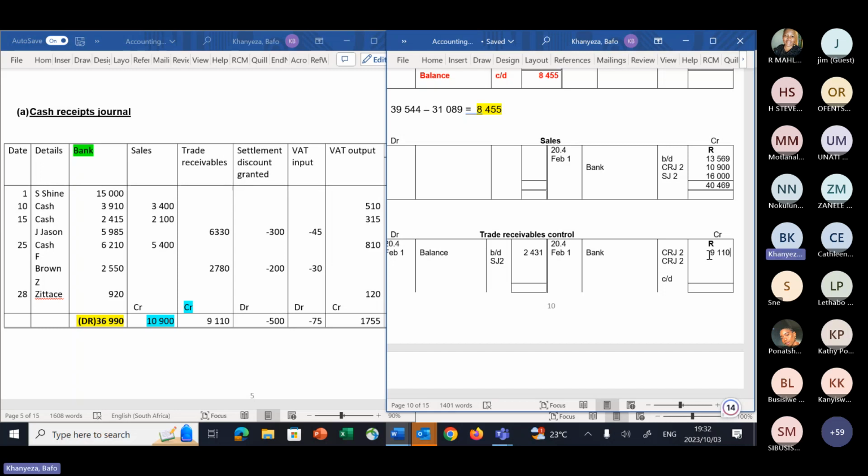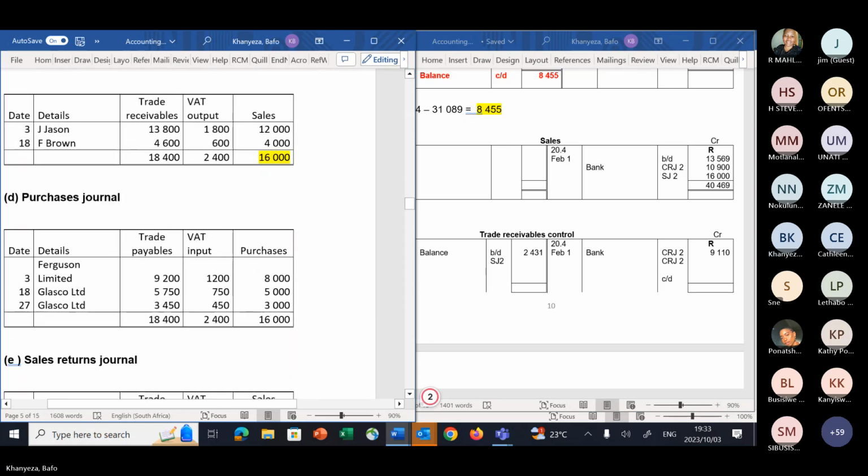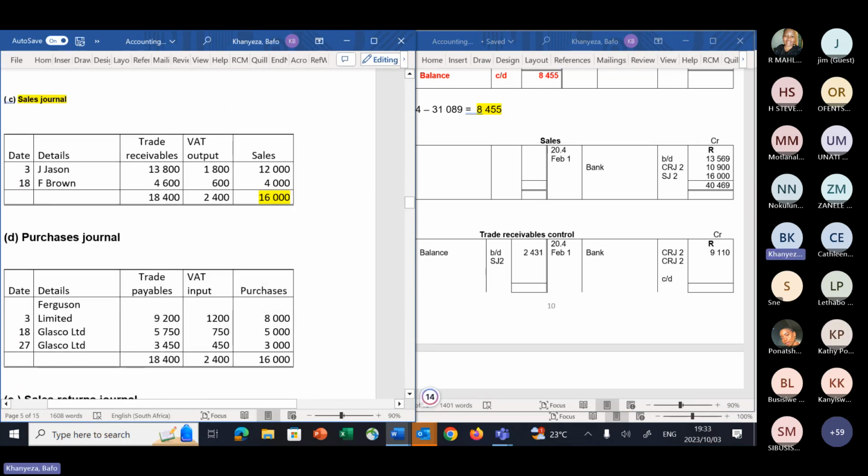So let's then, from trade receivables, add now the trade receivables from the sales channel. You see, we've got it here. Trade receivables from the sales channel.